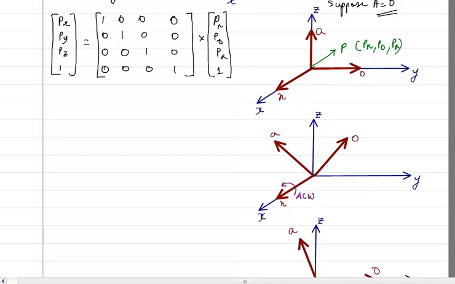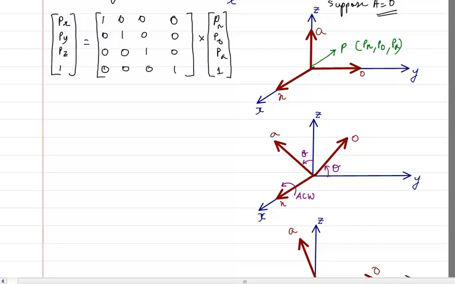In the anti-clockwise direction we have a movement, so the angle with which the O axis and A axis will move, let us name it theta. Similarly here also theta. So O and A are shifting with respect to the y and z axis with an angle of theta.